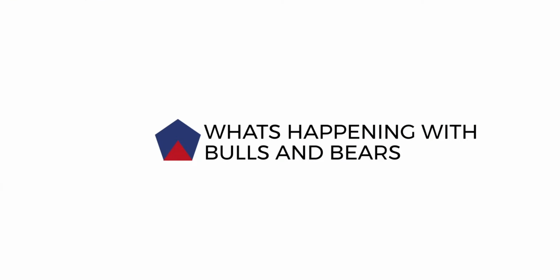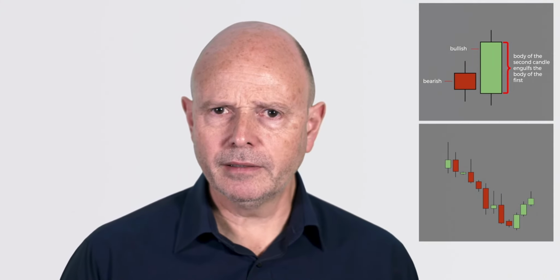And what exactly is going on with the balance between bulls and bears that makes it a reversal pattern? Traders watch for these formations because they indicate the balance of power in the market has shifted from bears to bulls. Why? What's happening? Well, the first candle is a spinning top, isn't it?